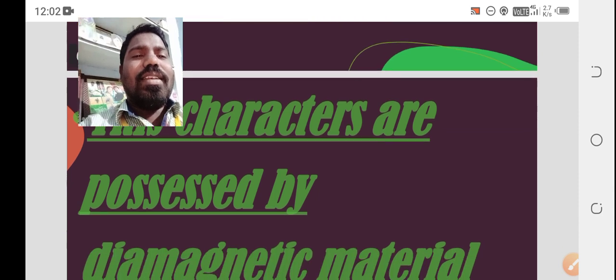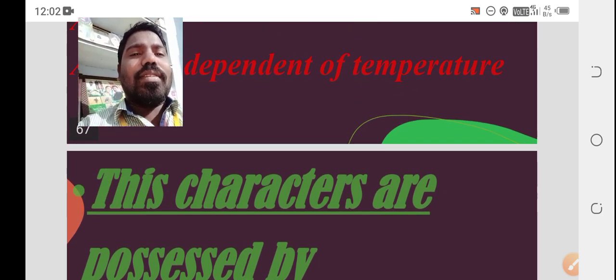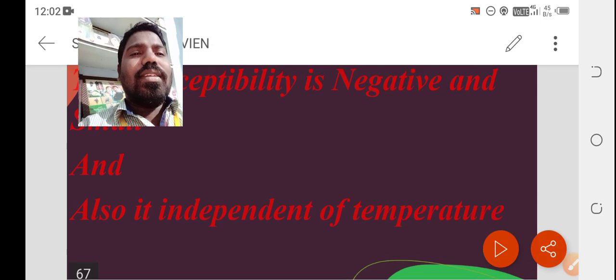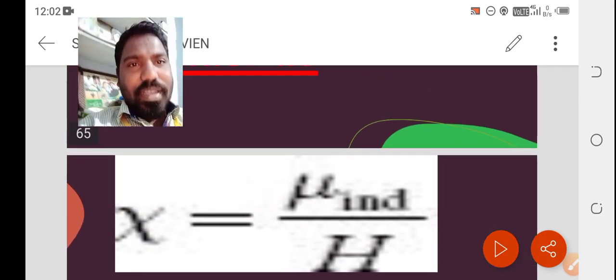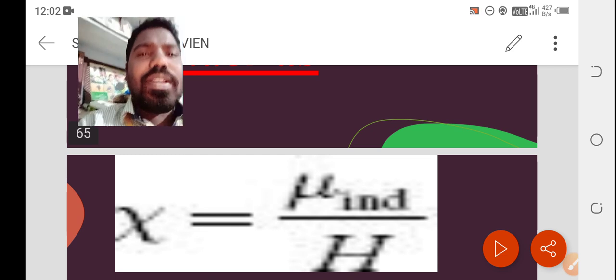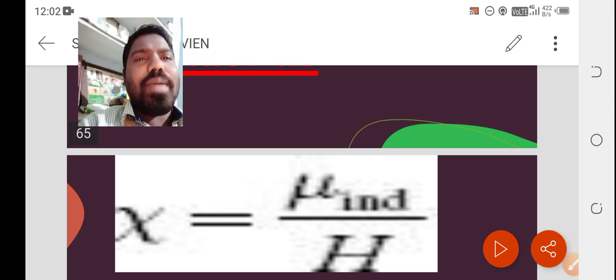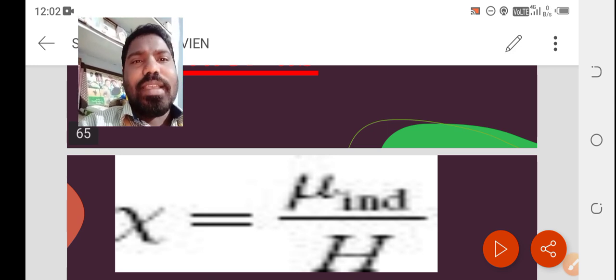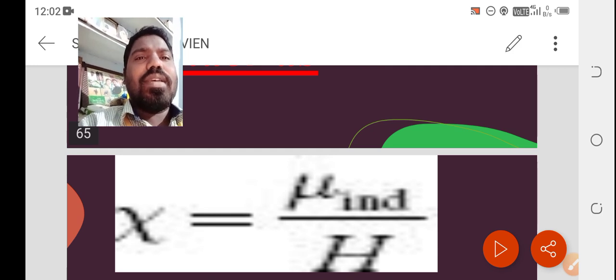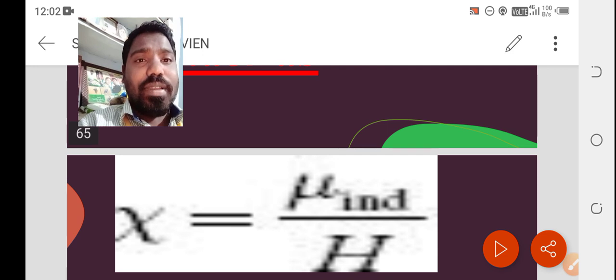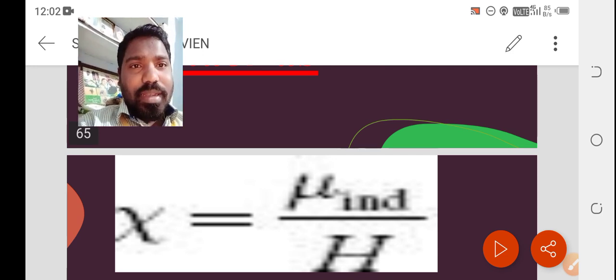This is the concept of the Langevin theory, which is explained on the basis of classical theory, introduced in 1905 by Paul Langevin. So this is the Langevin theory for diamagnetism, or the classical theory for diamagnetism.